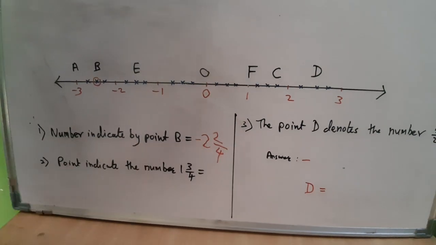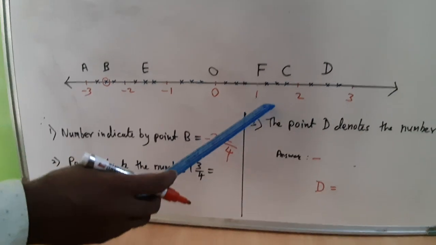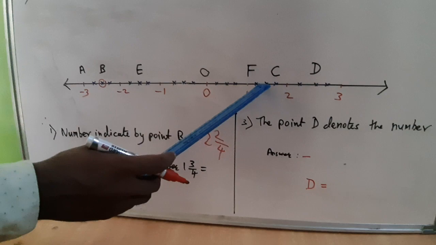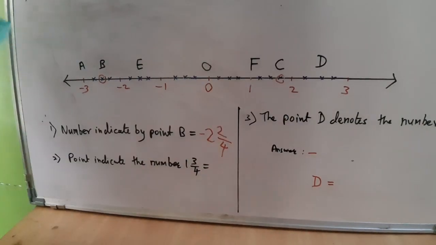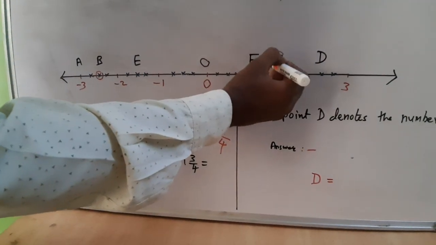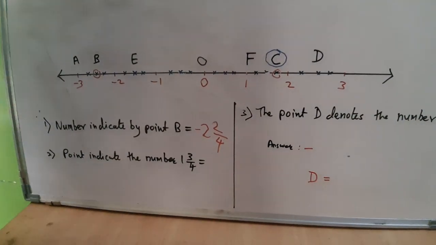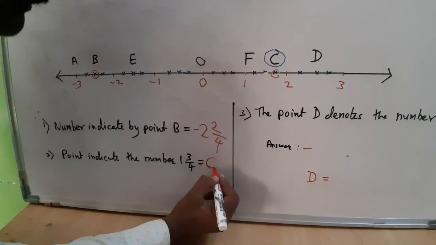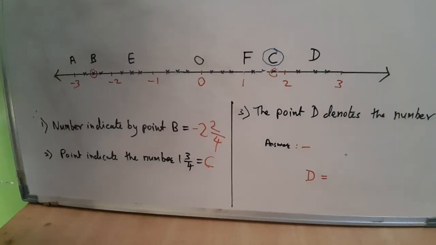Now children, the point indicated by the number 1, 3/4 is what? 1 here. 3/4 means after 1, 3. 1, 2, 3, C. This is our answer. C is the point indicated by the number 1, 3/4.